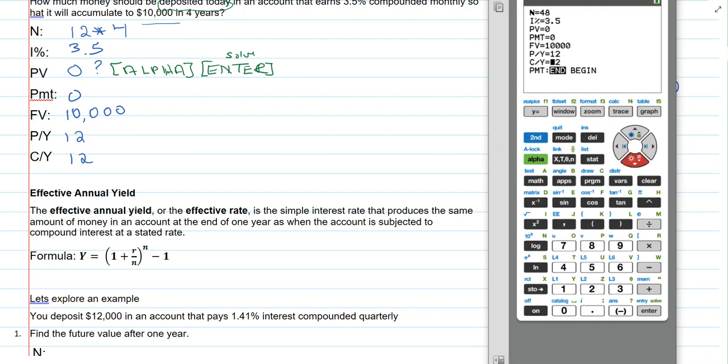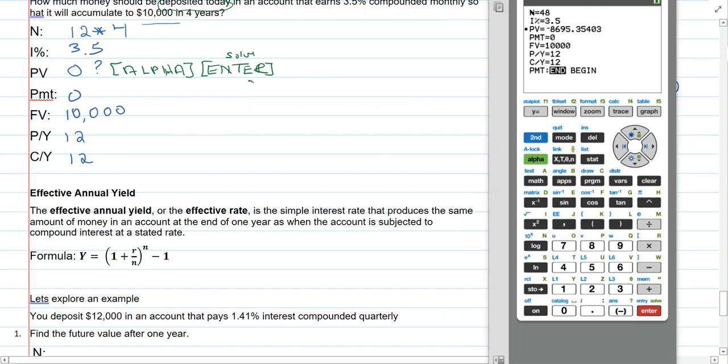So we're going to move the flashing cursor to our present value and do the green tab, second row, first key, alpha, and enter for solve. And I need this amount, and it says 8,695 decimal 35403.